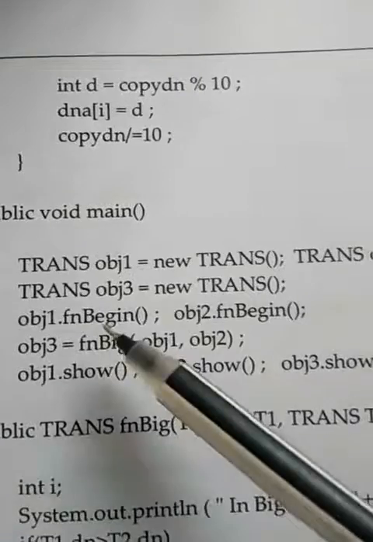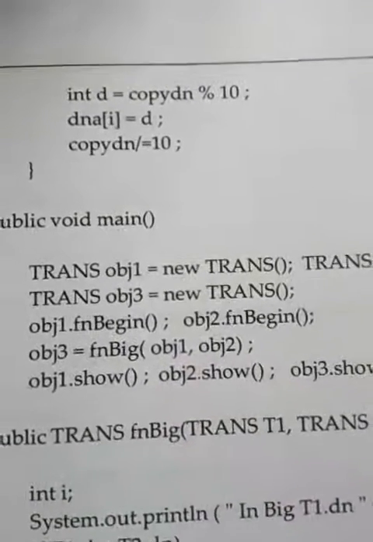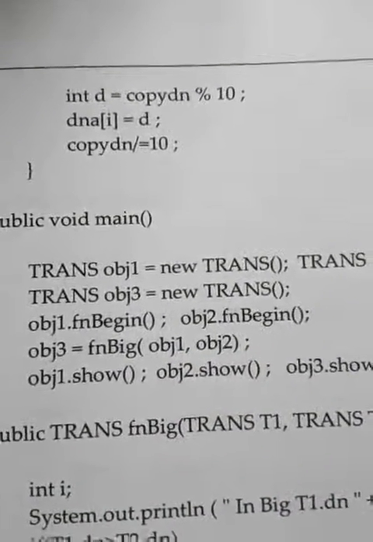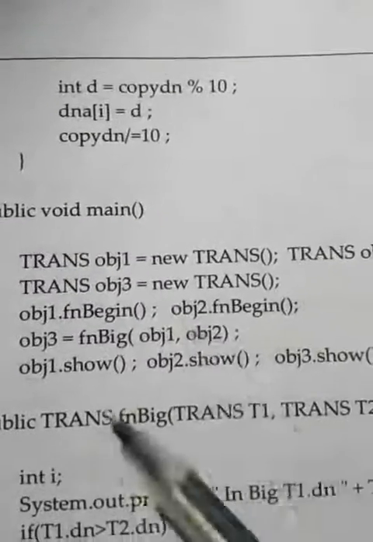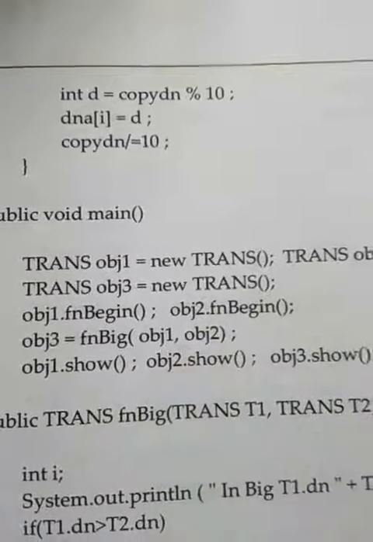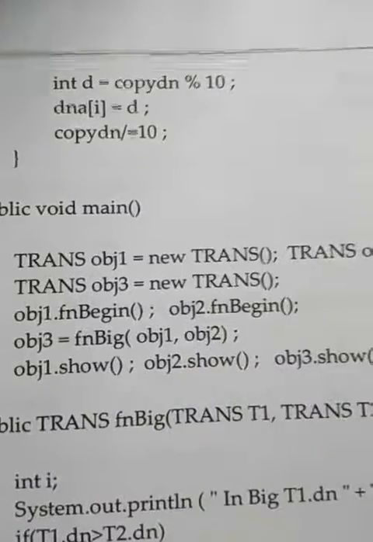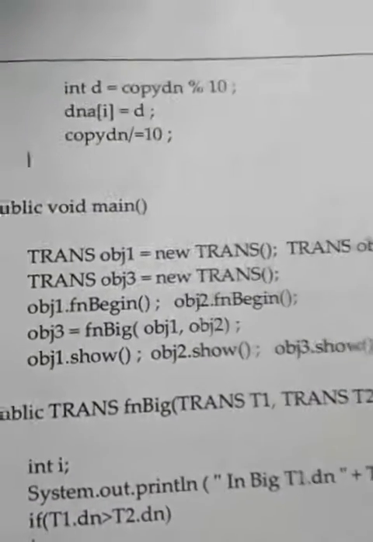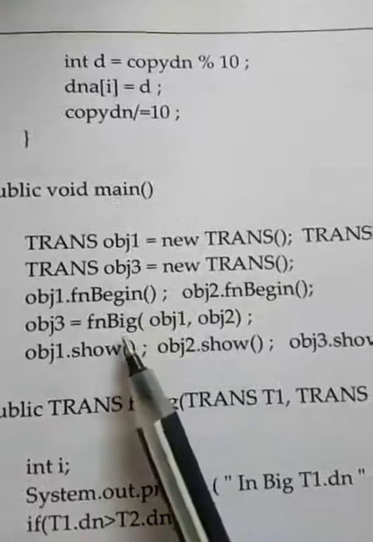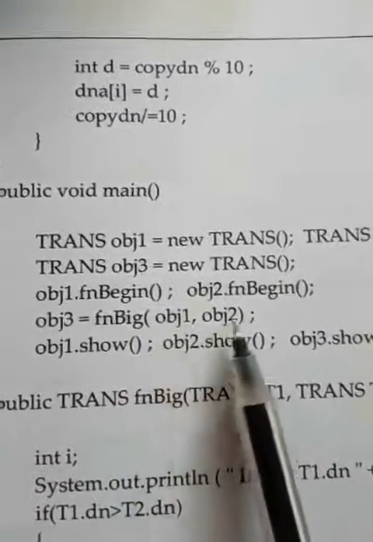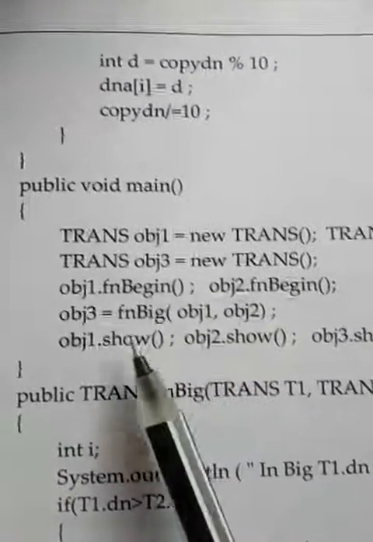Obj1 for fnBegin will read the first number, count the total number of digits and fill the array dna. In the second case, this will also read a number, count the total number of digits and store all the digits in dna. In the third, we are passing object 1 and object 2. So the programming of this is here.